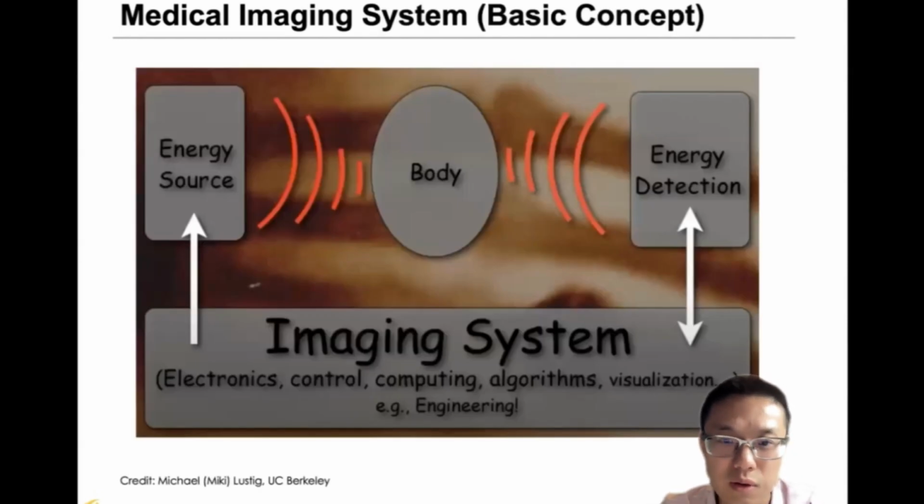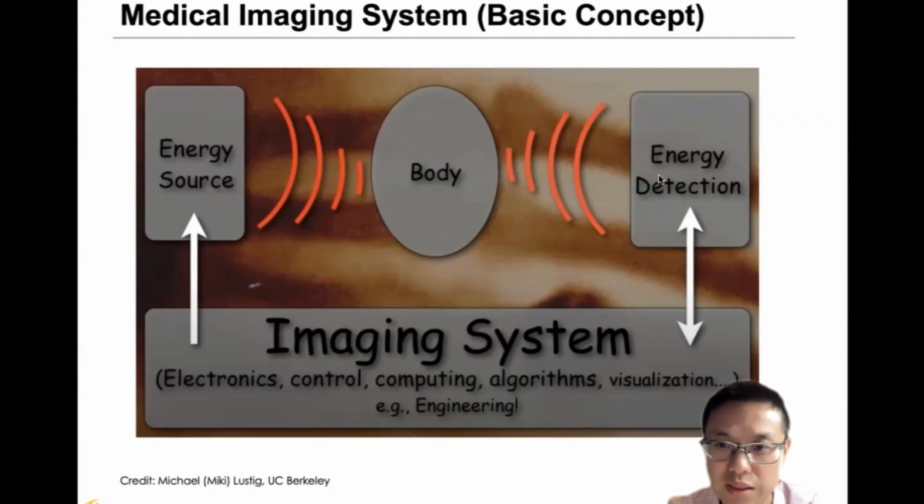No matter what kind of imaging system, this is the general mechanism of any imaging system. First of all, you have to have an energy source that emits some energy, like ionizing radiation from X-ray. This radiation passes through the body, where some parts will be absorbed by different tissues of your body, and some may pass through.